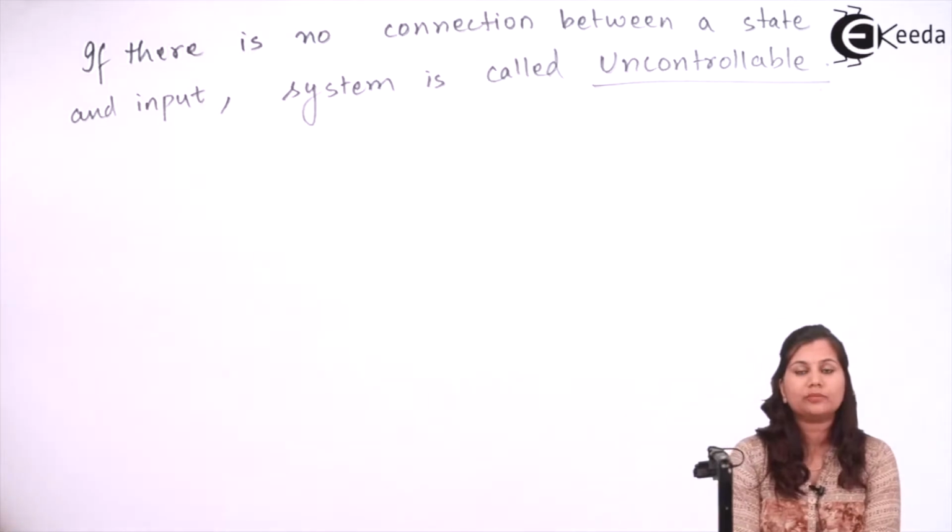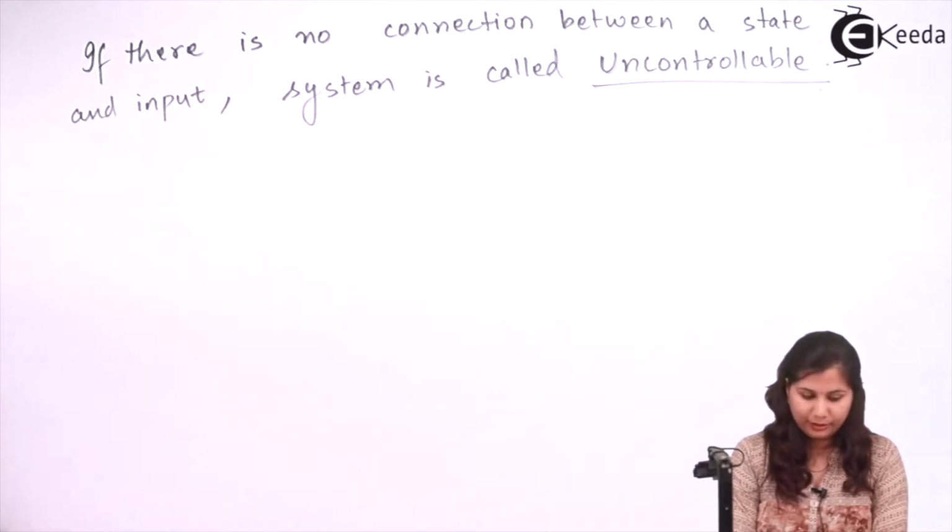If there is no connection between a certain state and an input, then that system is said to be uncontrollable.